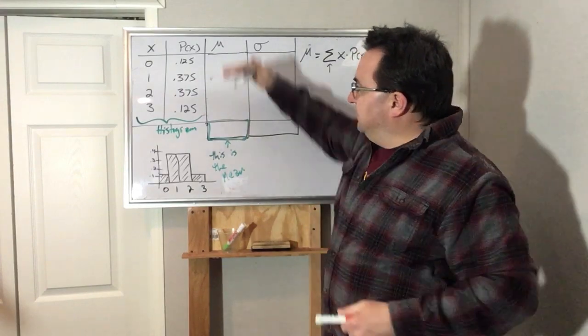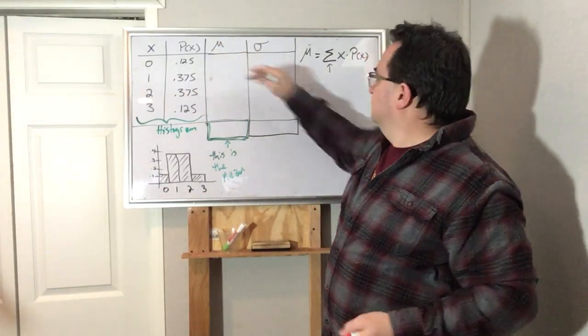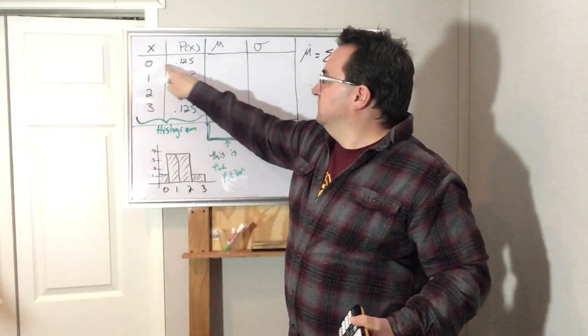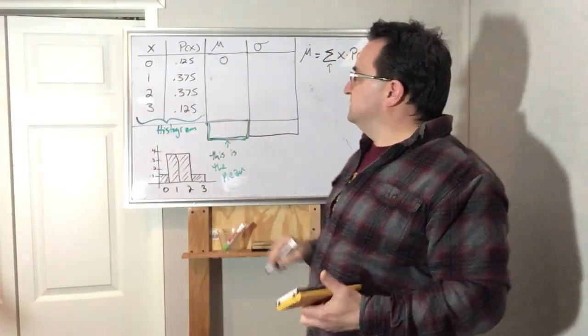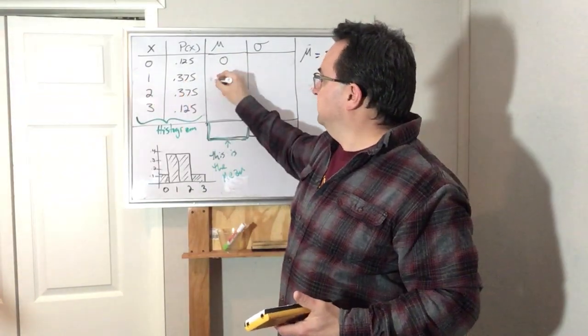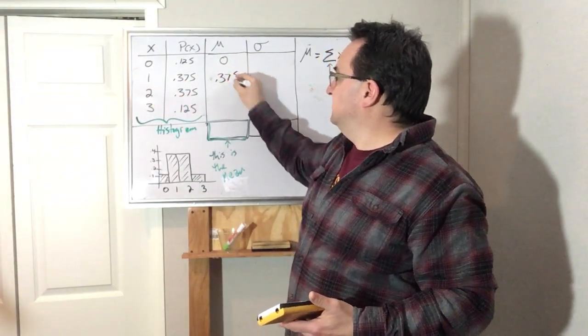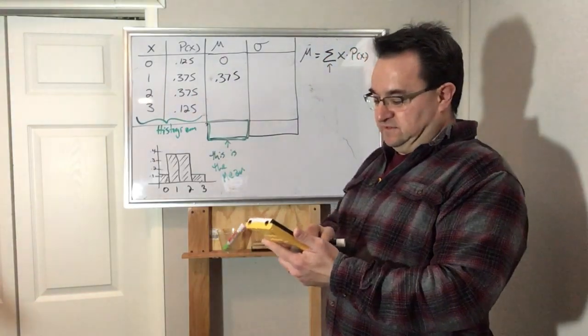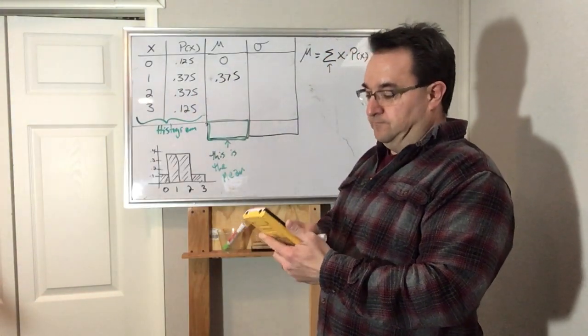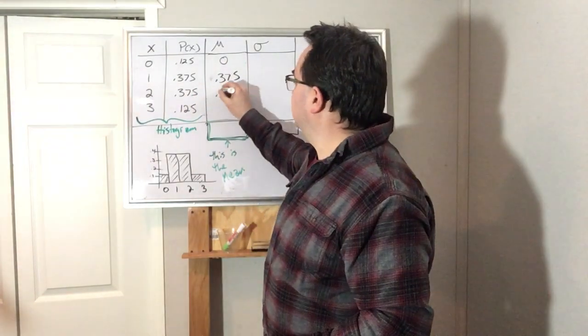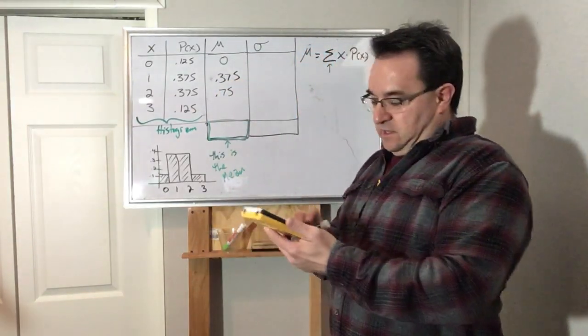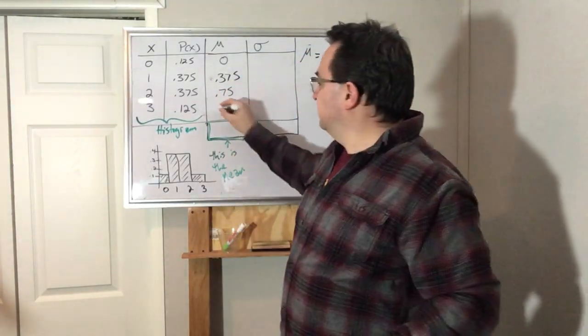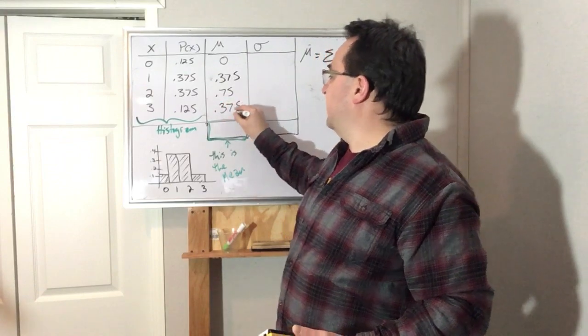Now to get that, I need to find all of these individual products. So I'm going to get my calculator. 0 times anything is 0. That one was easy. 1 times 0.375. That's easy. 2 times 0.375 is 0.750. And 3 times 0.125 is 0.375.